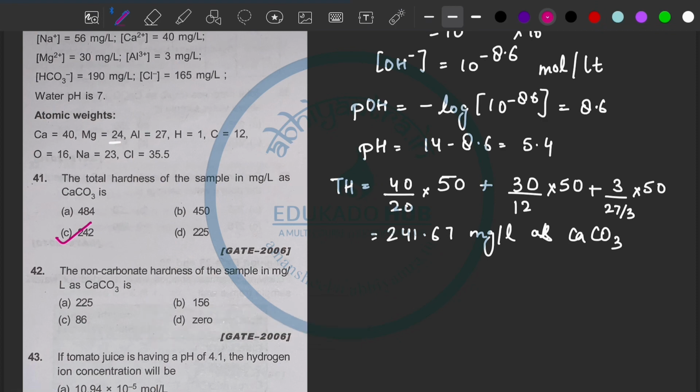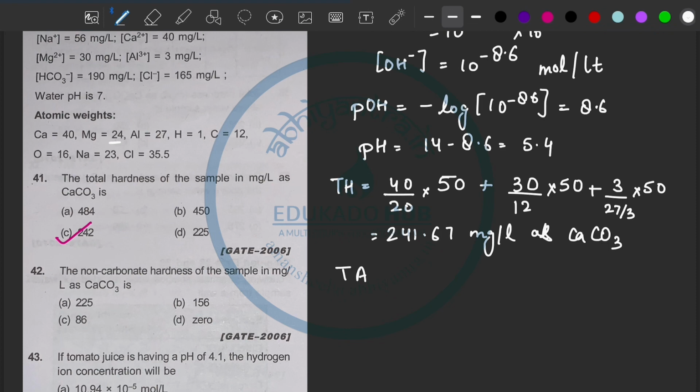Now for non-carbonate hardness, first of all we should know what is carbonate hardness. Carbonate hardness is nothing but the minimum of alkalinity or total hardness, and alkalinity is by bicarbonate ions. So we need to get the bicarbonate ions alkalinity.